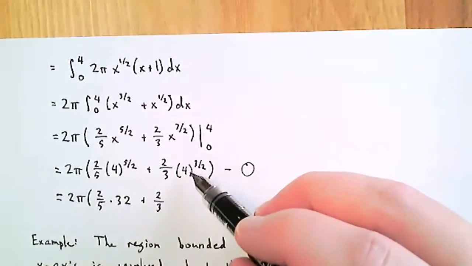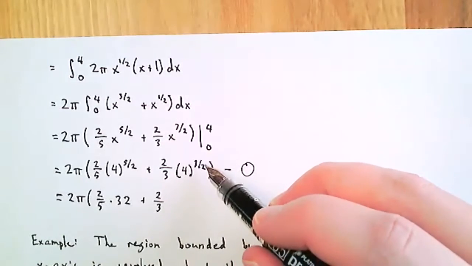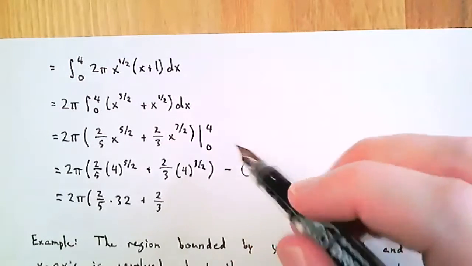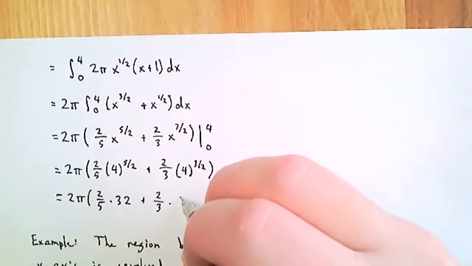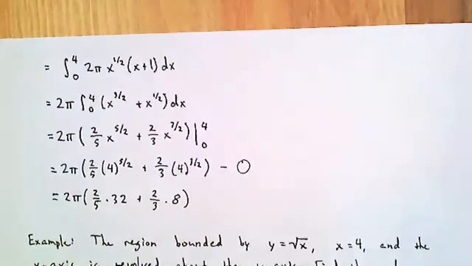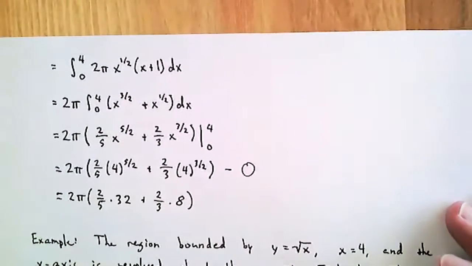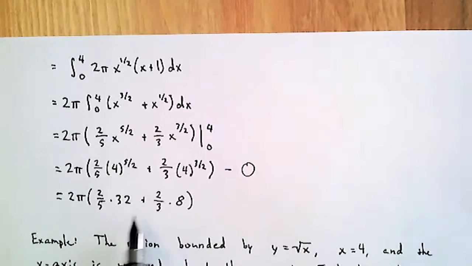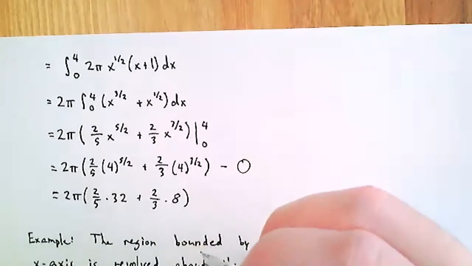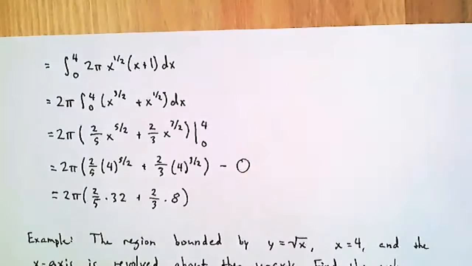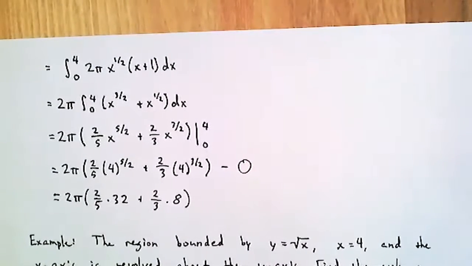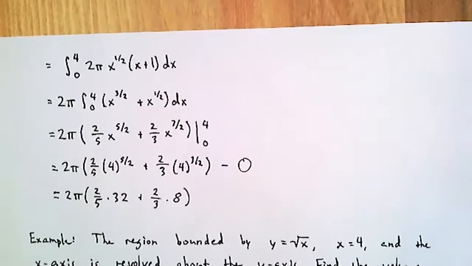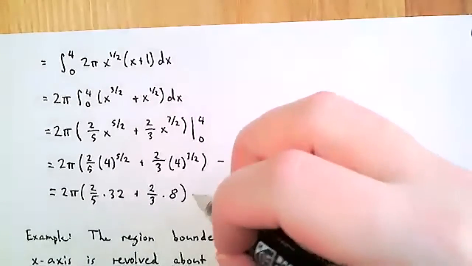Okay, and now do the same thing here. 4 to the 1/2 is 2, and then cube it to get 8. So this one we can actually finish out by hand. You would need to find a common denominator. Maybe I'll let you do the common denominator part and just write the answer.